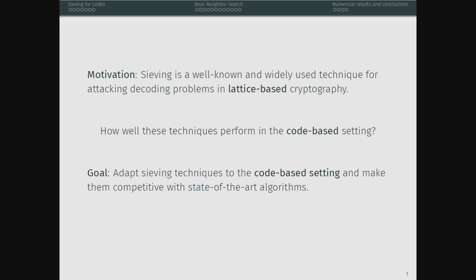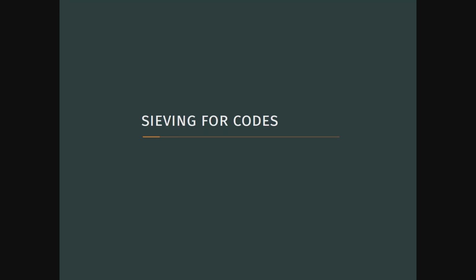There were different attempts to adapt these sieving techniques to the code-based setting, some more successful, some less successful. So our goal was to adapt sieving techniques to the code-based setting, and more precisely to make them competitive with the state-of-the-art algorithm, at least in the asymptotic sense.